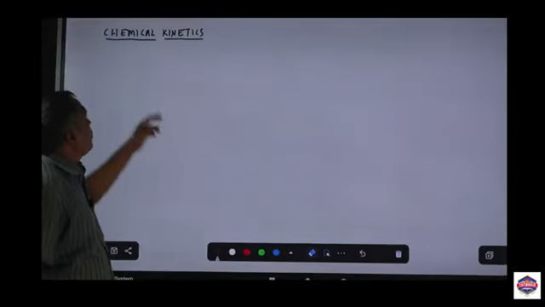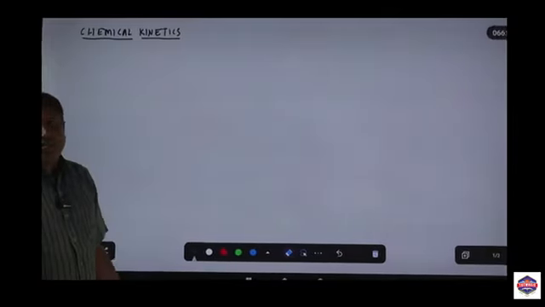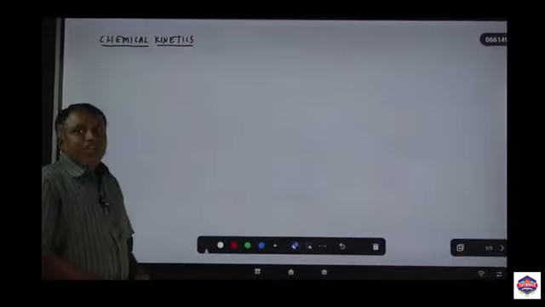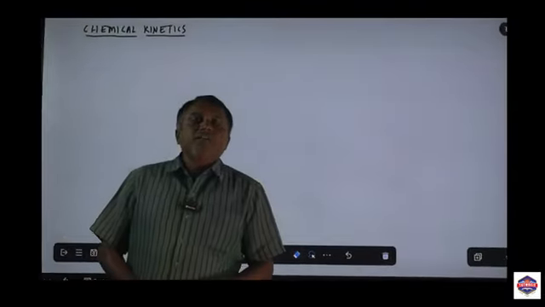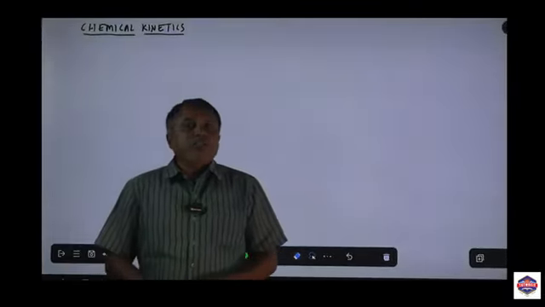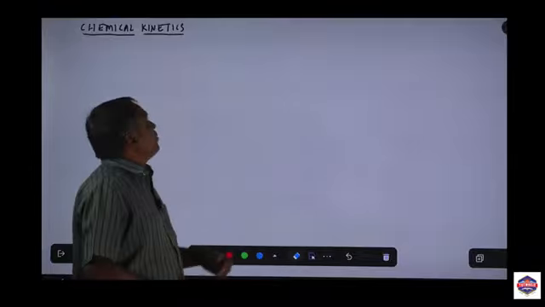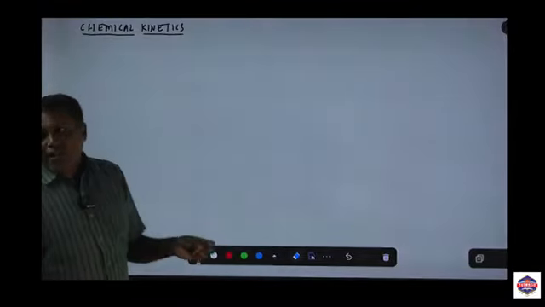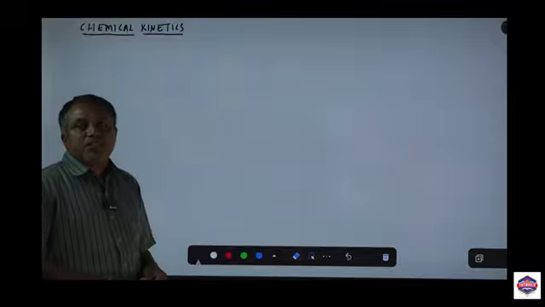So today I am going to start chemical kinetics. So what is this chemical kinetics? Kinetic means velocity. So this particular chapter is representing the velocities of chemical reactions or speeds of the chemical reactions.